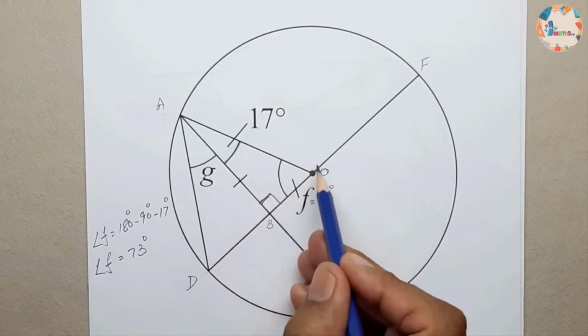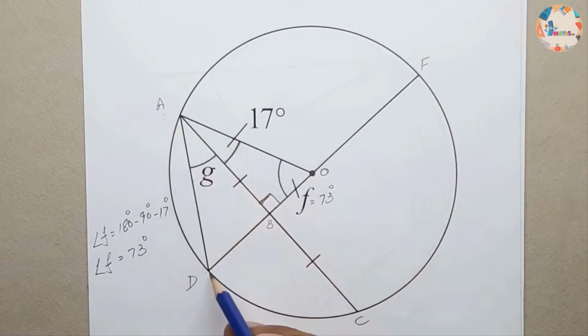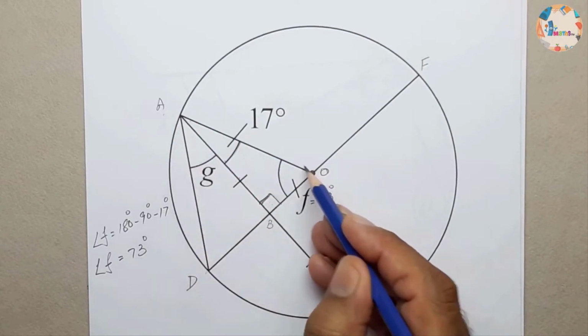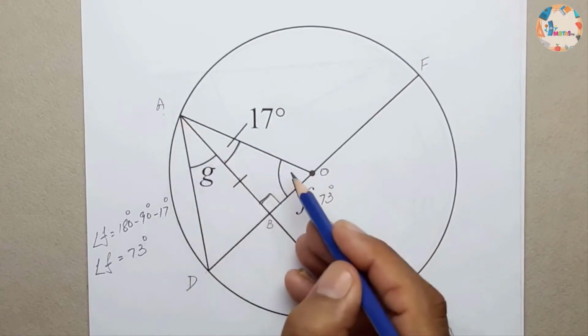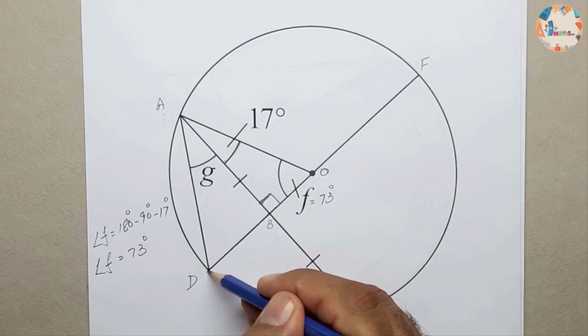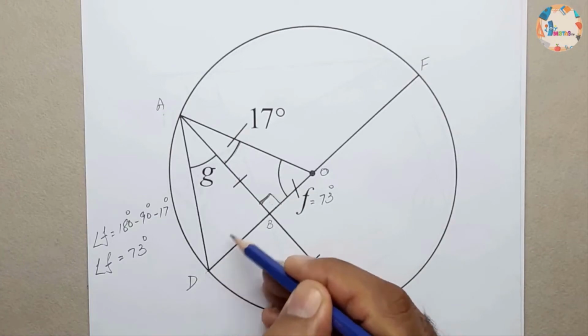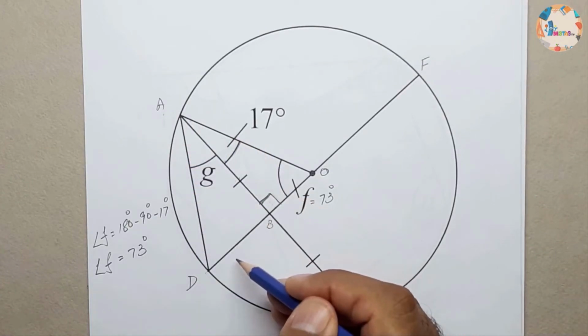One more thing, if we see this triangle ADO carefully, OA is a radius and OD is also a radius. So these are two radii.